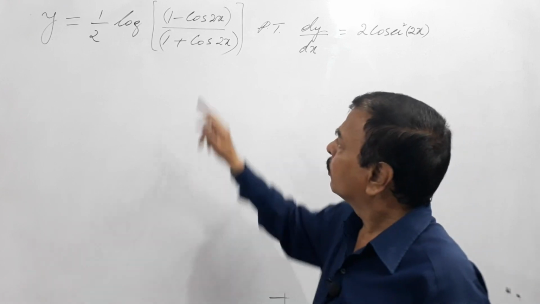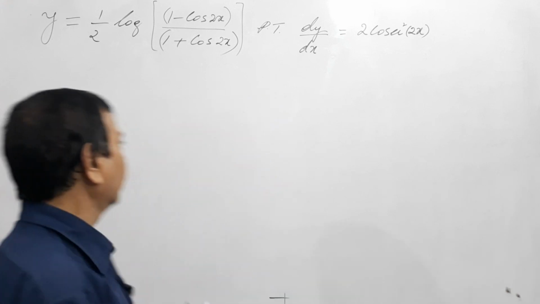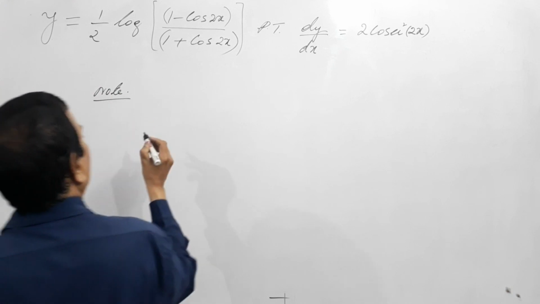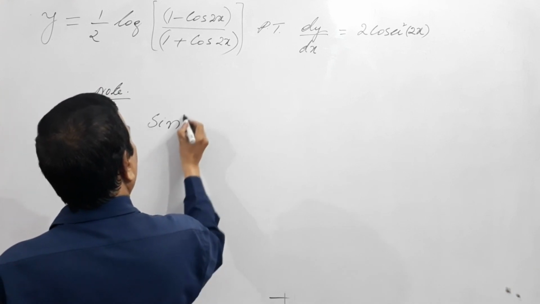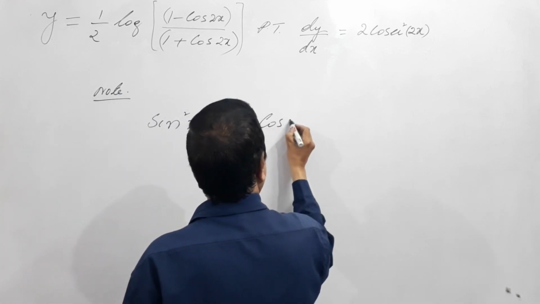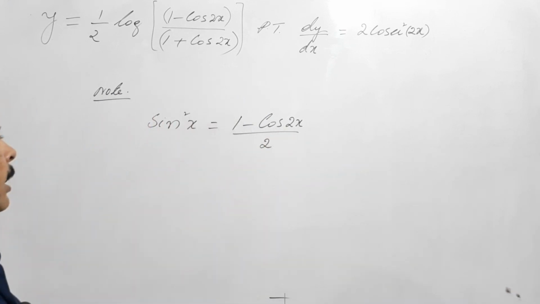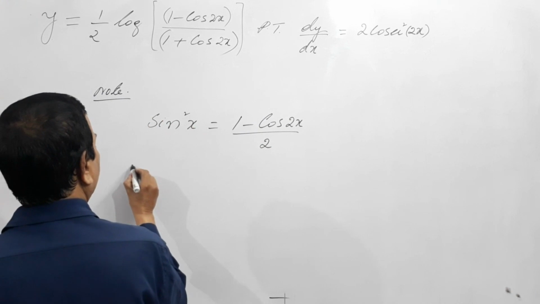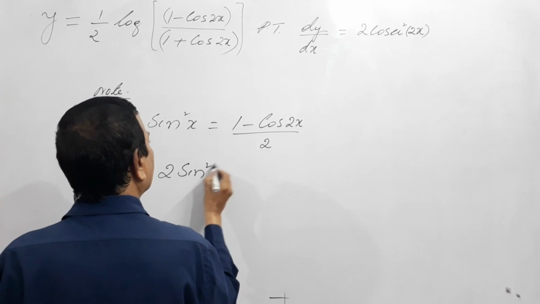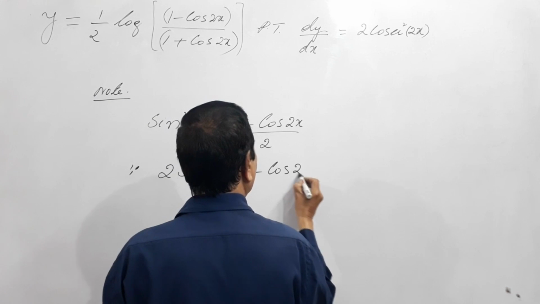So now what is 1 minus cos 2x? I show you. Make a note of this. Sin square x equals 1 minus cos 2x by 2. So remember this formula. Therefore, if you cross multiply, this becomes 2 sin square x equals 1 minus cos 2x.